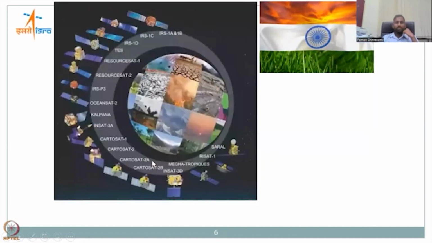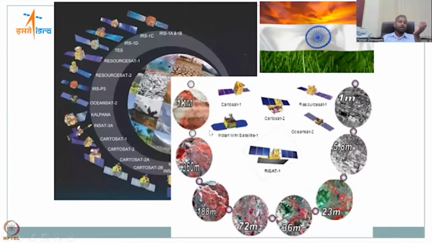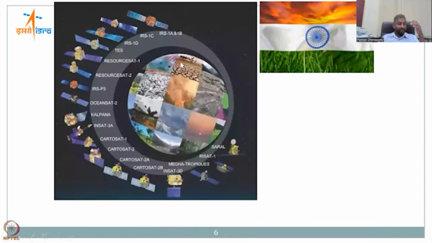So I would conclude on this slide to show how India is mapping the Indian region and the global region. We have multiple satellites ranging from IRS to SARAL, and each is looking at different natural resources. SARAL looks at rainfall, and then Cartosat is for mapping land use, land cover and digital elevations.